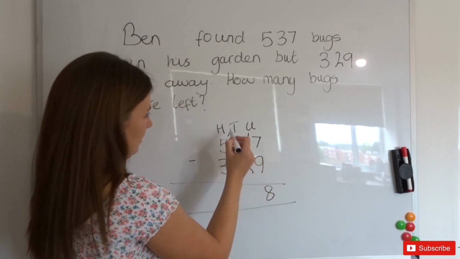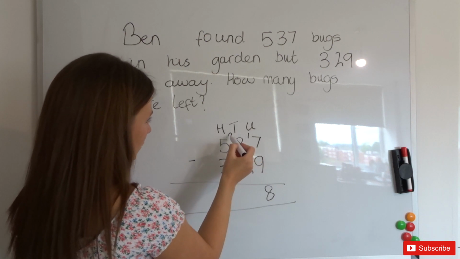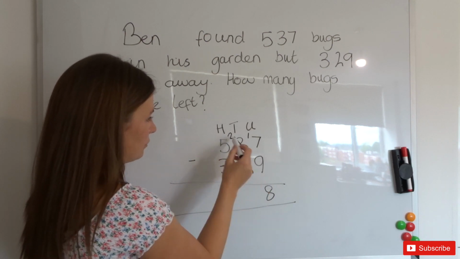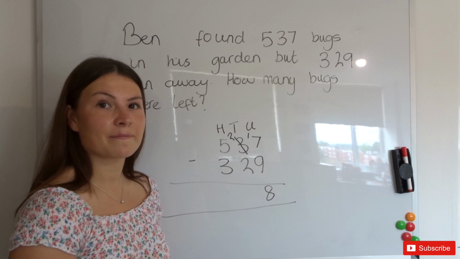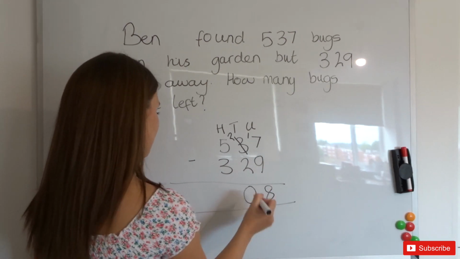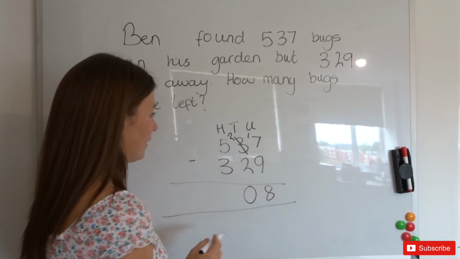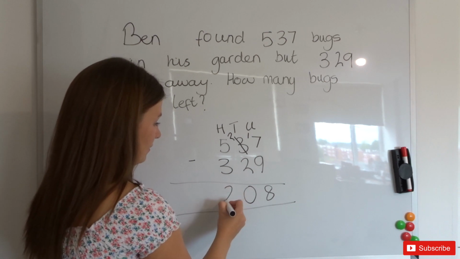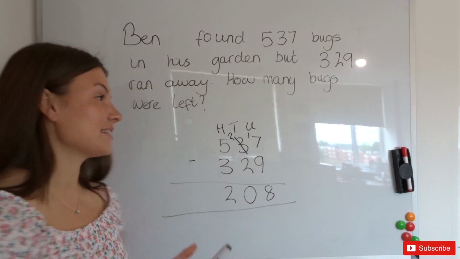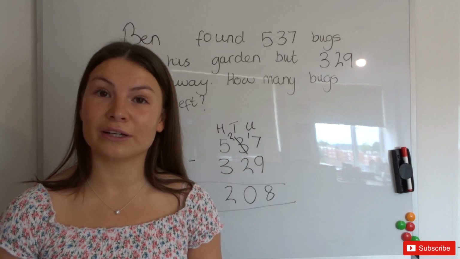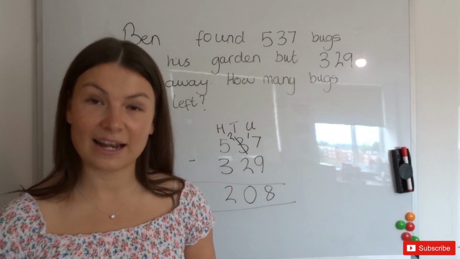Well done. Oh, now we need to go over to the tens column. 2 take away 2, or 20 take away 20 is 0. Easy peasy. 5 take away 3. 208. So Ben has 208 bugs left.